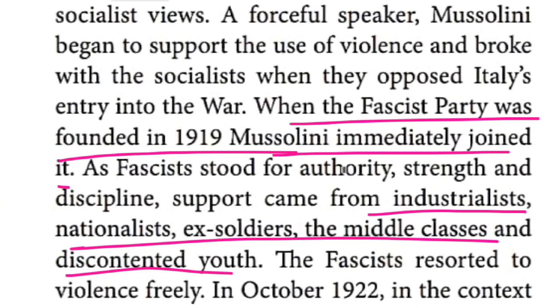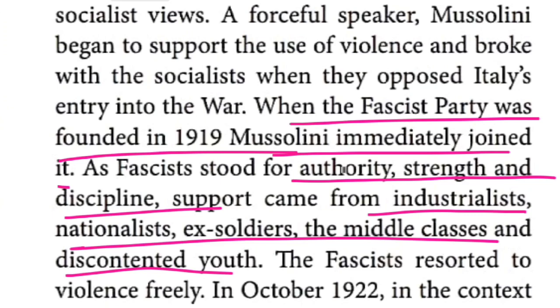Why? Because they stood for authority, strength and discipline. So support came from the industrialists, and everyone supported Mussolini, otherwise the Fascist Party.